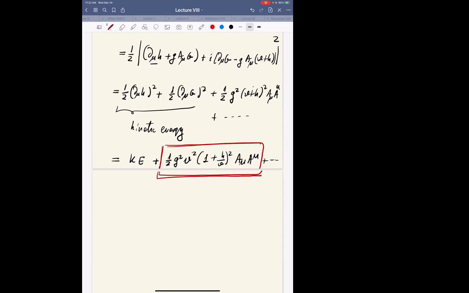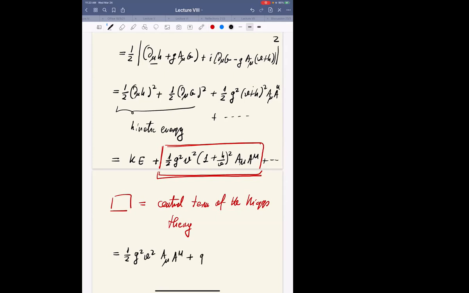So this term, which is the central term of the Higgs theory, is 1/2 g square v square A mu, the first term.